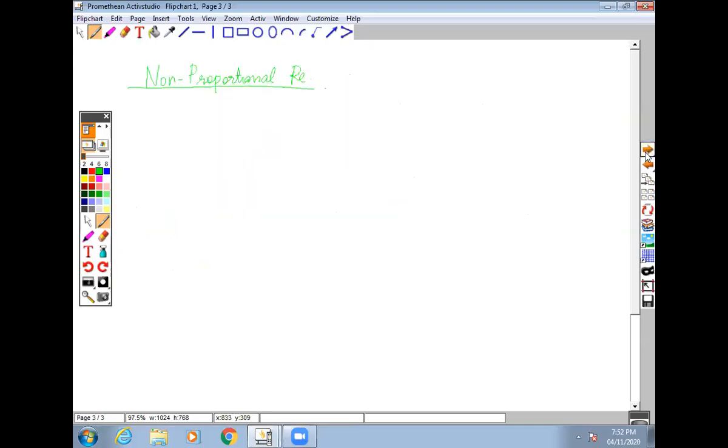But yeah, next up we have non-proportional reinsurance. And again, we have two different subcategories within non-proportional reinsurance. The one that we're going to study in this chapter is known as individual excess of loss. You can have an E as well here, but I'm just writing it as X because that is how it is generally categorized, XOL.